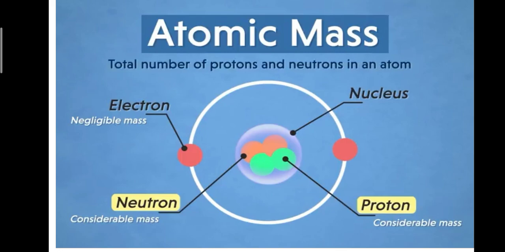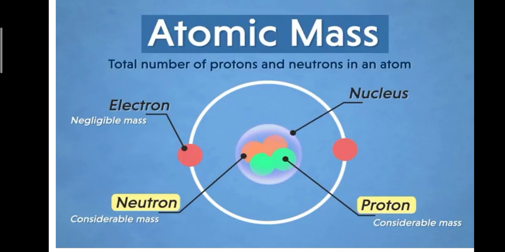As we are not taking electrons, because electron भी तो atom का part ही है, but we are not taking it in mass because it is a negligible mass. बहुत ही छोटे होते हैं जिसका mass negligible होता है और ये ऑर्बिट में मूव होते रहते हैं. It is continuously moving in an orbit. That's why we consider that protons and neutrons are the considerable mass of any element.